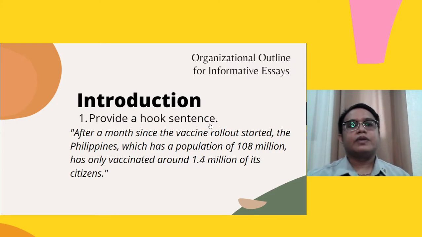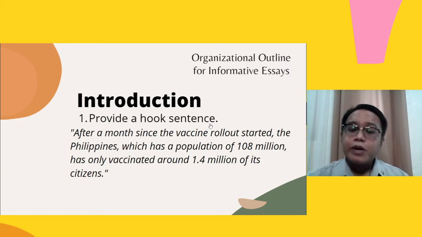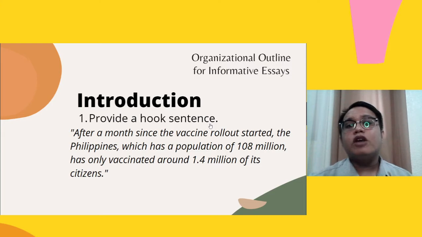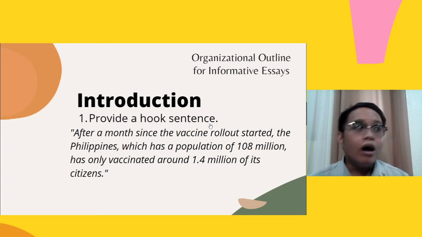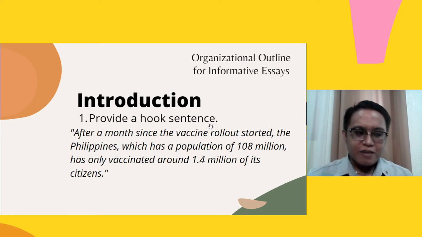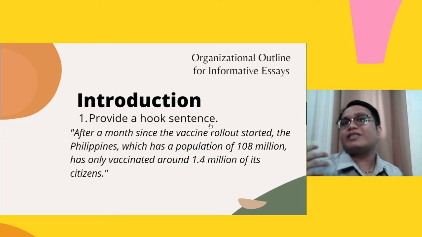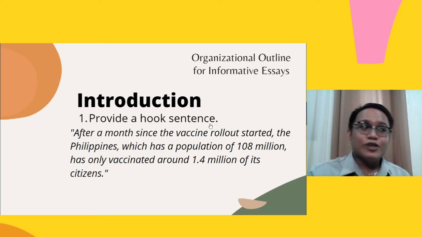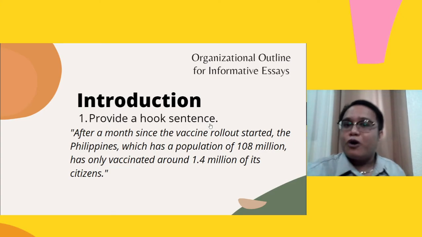After a month since the vaccine rollout started, the Philippines, which has a population of 108 million, has only vaccinated around 1.4 percent of its citizens. Only 1.4, sir? Out of 108 million? It gives you something surprising, a surprising fact. So when you read that one, it's a hook already.